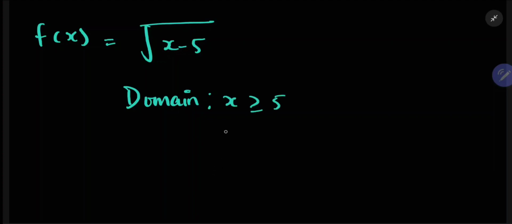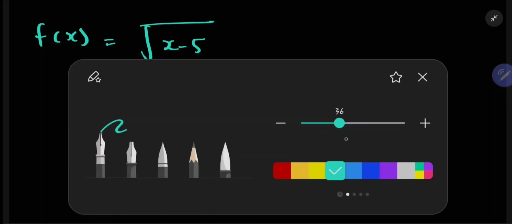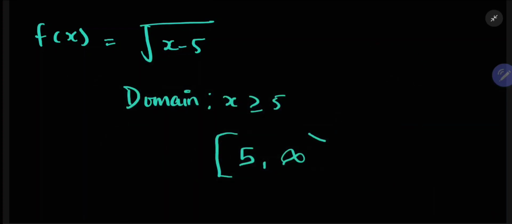You can also write this as an interval. Because 5 is part of this interval, we are going to use a square bracket. So you have from 5 to infinity. From 5 to infinity. Okay.